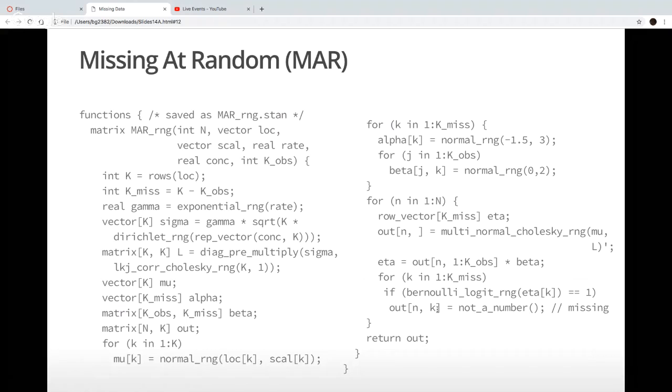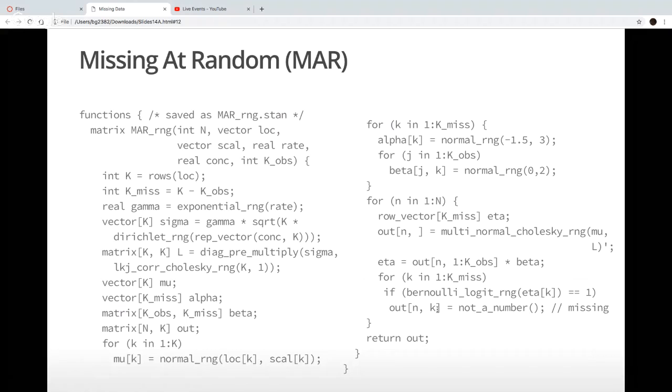The probability of being missing does not depend on the true values of the variables that go missing. So it's not the case that people who have a lot of income are less likely to tell you what their income is, which is definitely a thing. That would be inconsistent with the missing at random assumption.